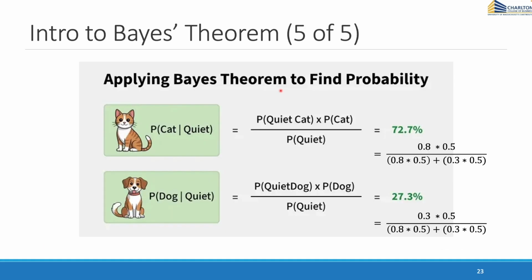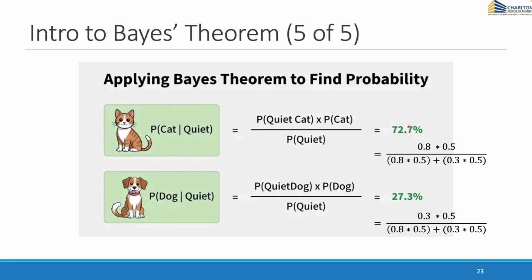So if we use the numbers, we can calculate this probability. Probability of a quiet pet, given that it's cat, is 80%, according to the statistic or the new knowledge we have, multiplied by 50% chance that it's going to be cat or dog, divided by the same thing, 80% of the cats and 30% of the dog chance.